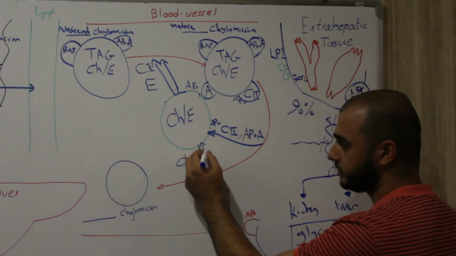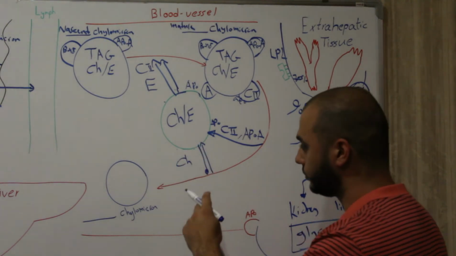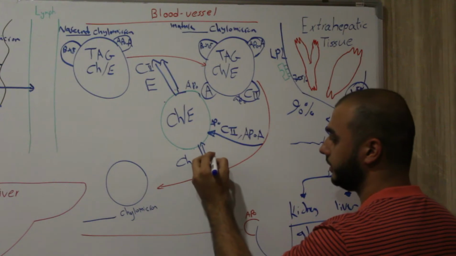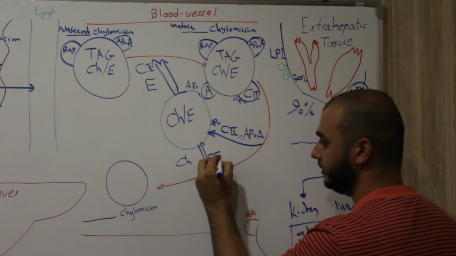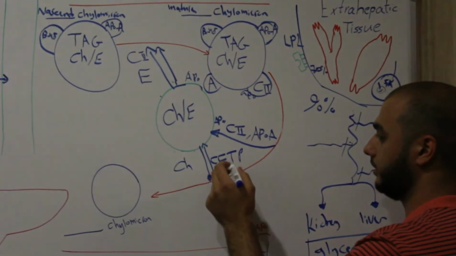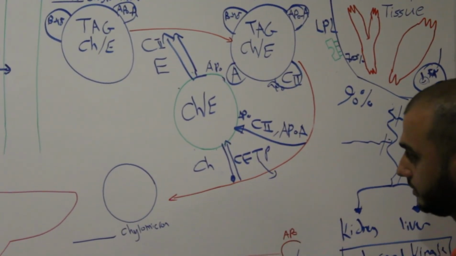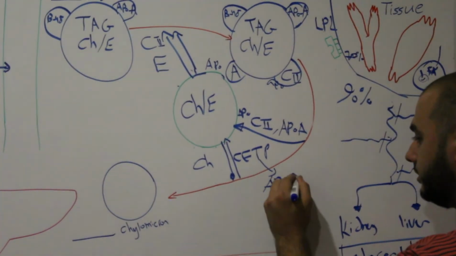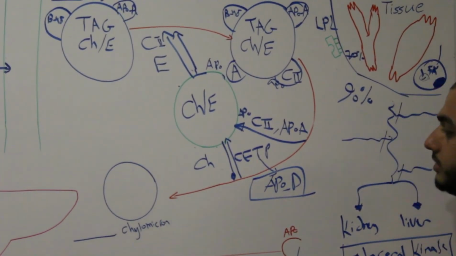So this transport switching of triacylglycerol with cholesterol is mediated by CETP, cholesterol ester transport protein, and this is facilitated and promoted by apoprotein D. It's been asked in USMLE.